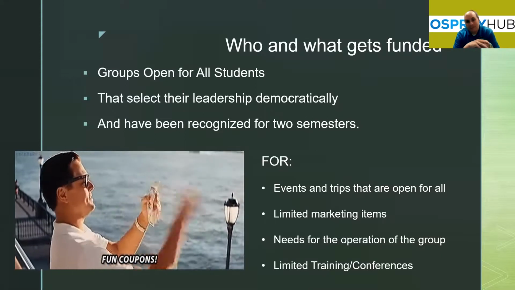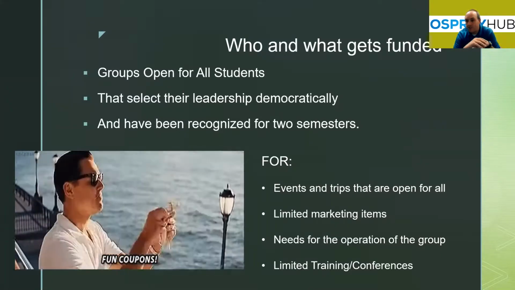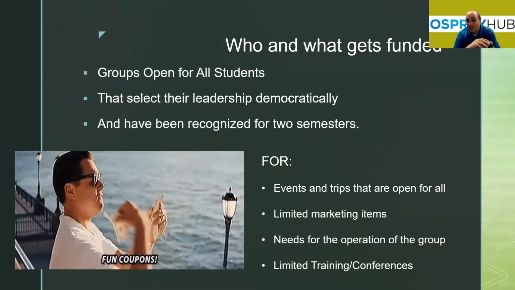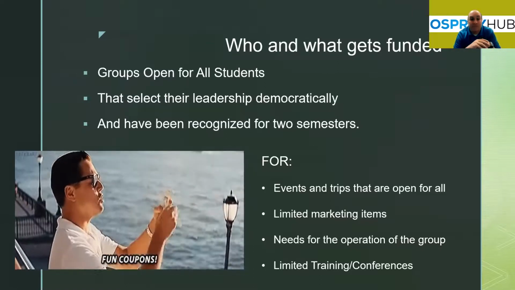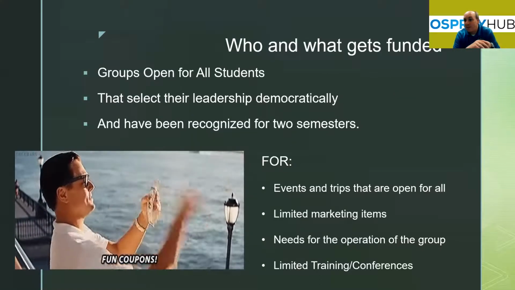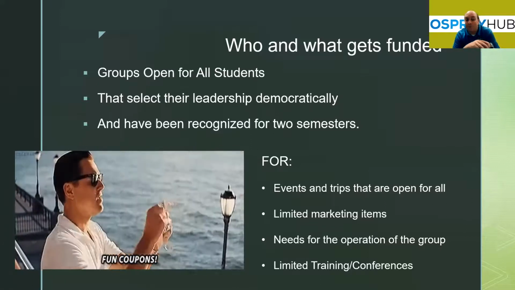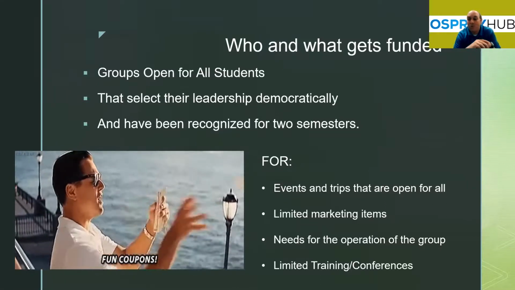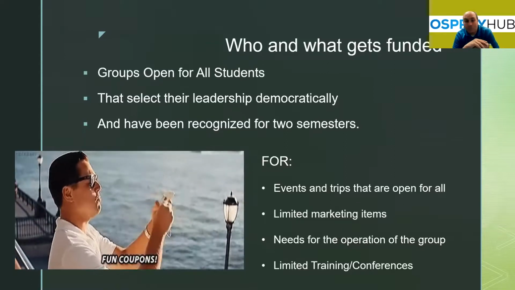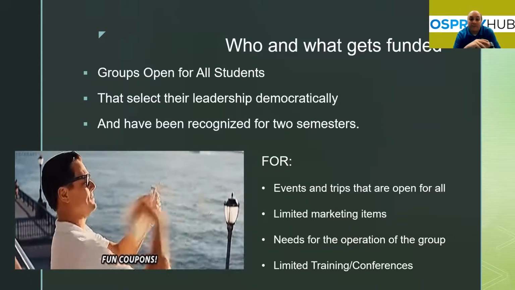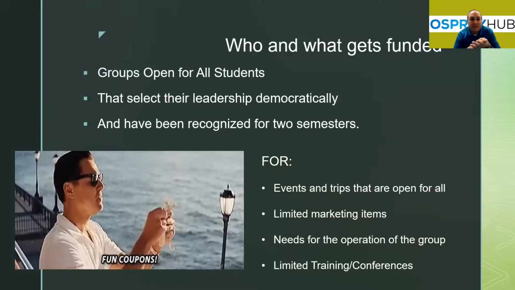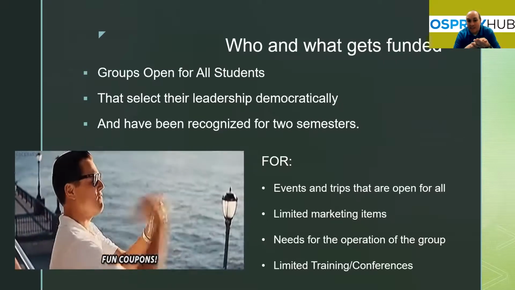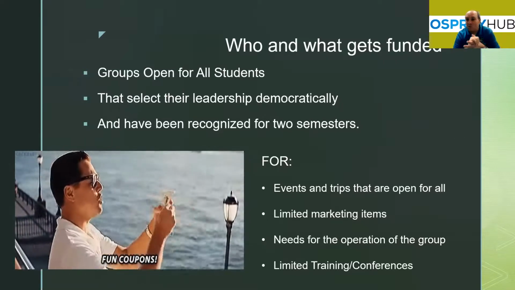But it also means that you're selecting your leadership and making decisions through some sort of democratic process. Okay, so that means you need to vote on who's going to be the next president. You need to vote on which money will be spent where. So democratic process. And the third thing that you need is you need to have been recognized for 2 semesters.